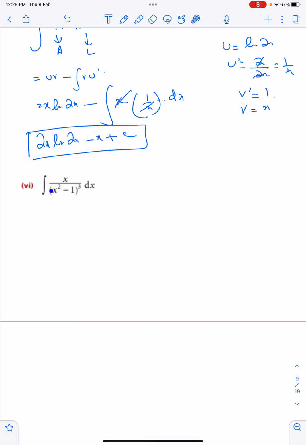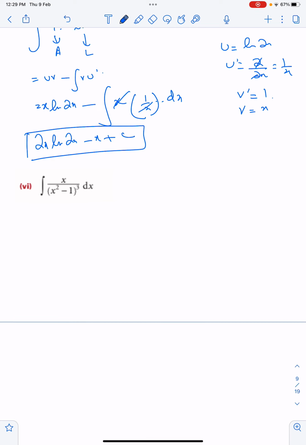x upon x square minus 1 to the power of cube. Now questions like this, the best idea is to solve with substitution. I can take whichever has a power, like the denominator has a power of 3, so I'll take u equals x square minus 1, and I know that du upon dx is going to be 2x.